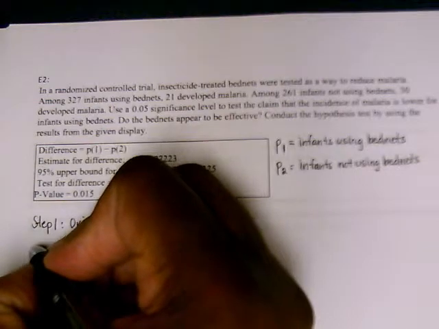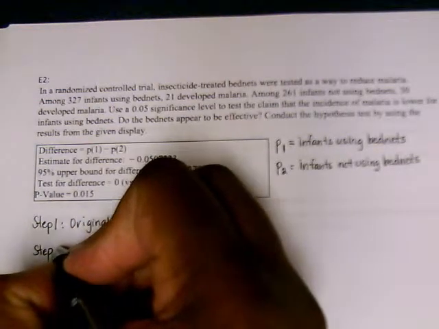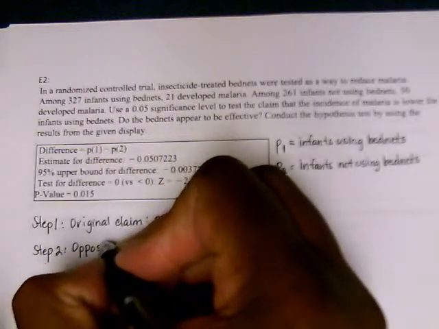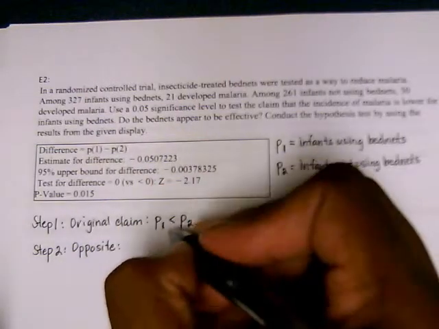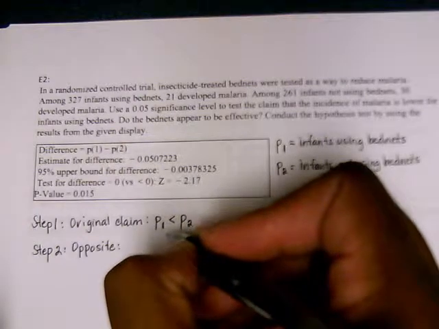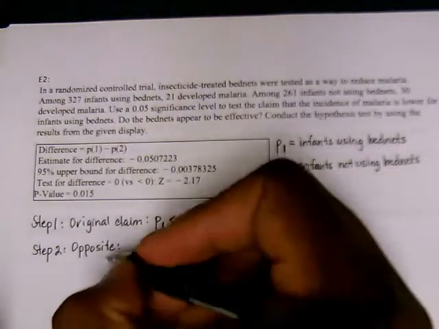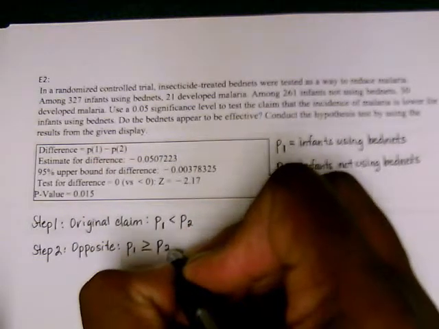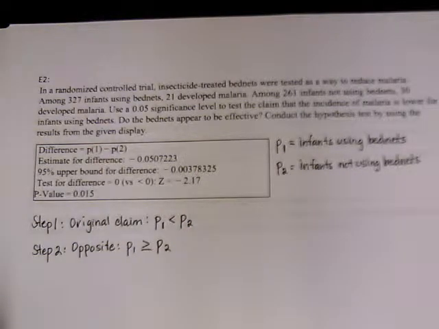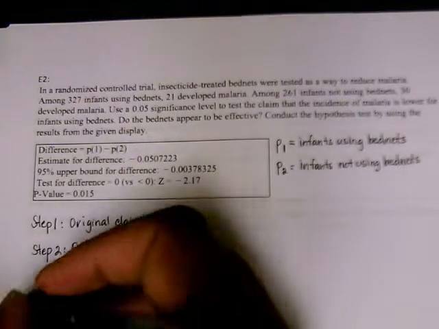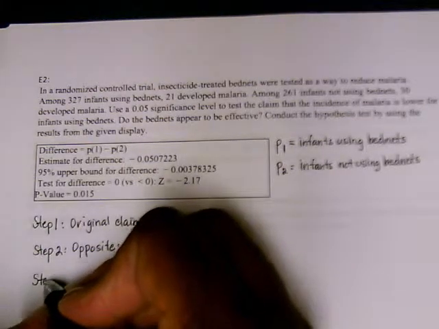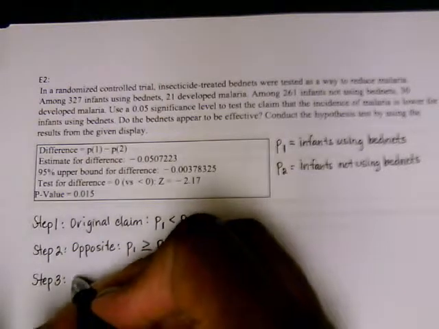Now step number 2 is the opposite of the original claim. The opposite of less than would be greater than or equal to. So it'd be P1 greater than or equal to P2. That's the opposite of the original claim. Now from that, we can write our null and the alternative hypothesis, which is step number 3.